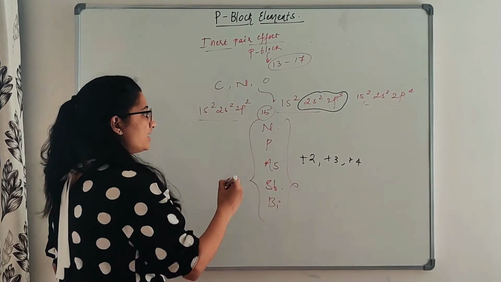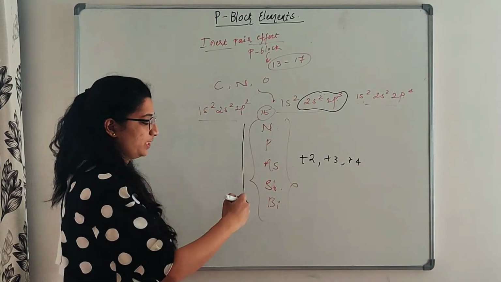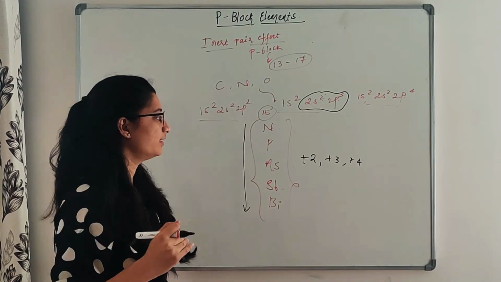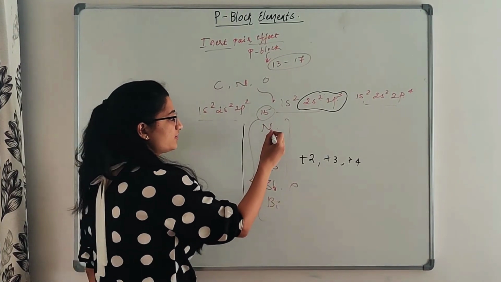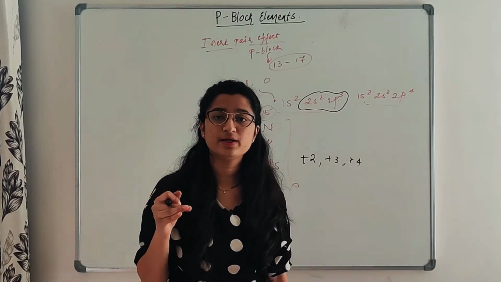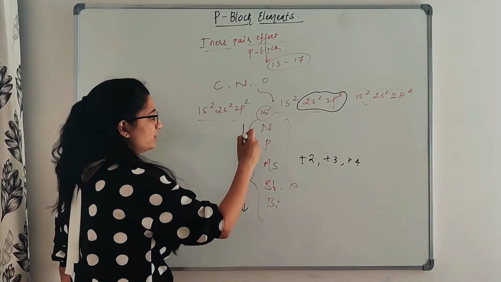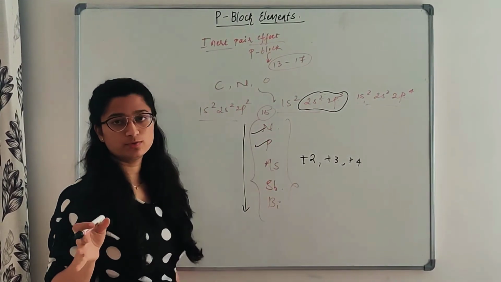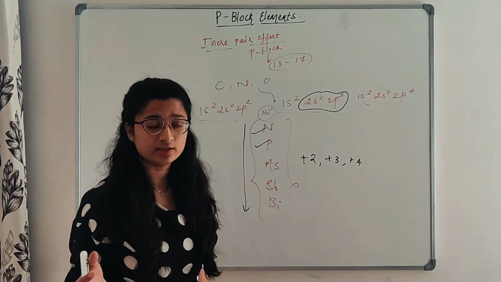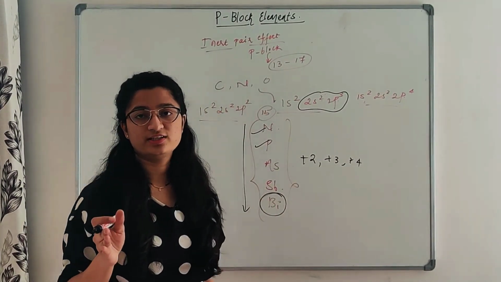But as we move down the group, the oxidation state, instead of increasing, shows a considerable decrease. That is, when we compare nitrogen and phosphorus, they will show the oxidation states +3, +4 and +5, whereas bismuth will not show the higher oxidation state.